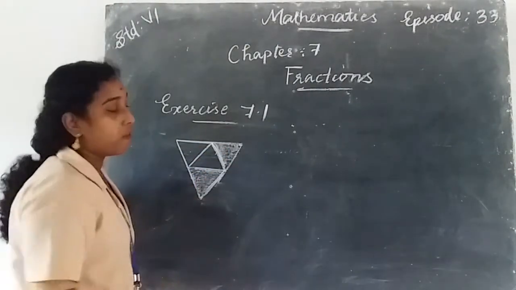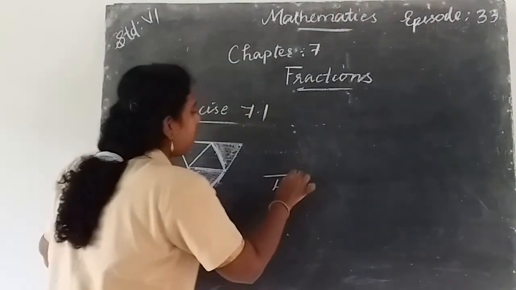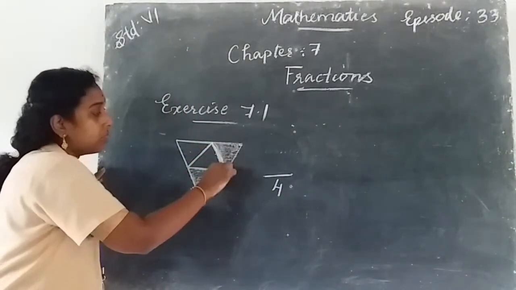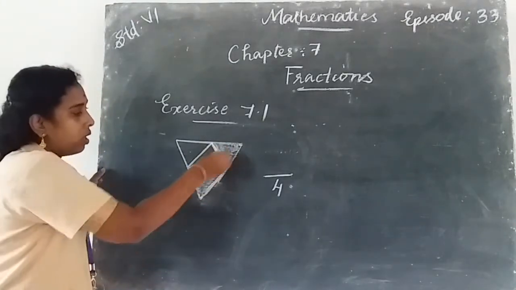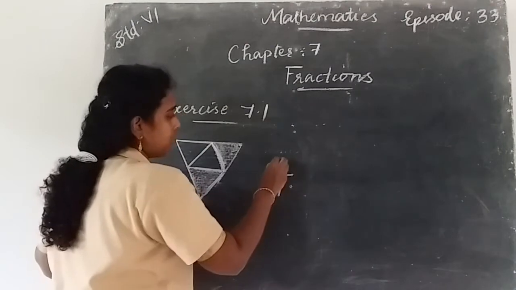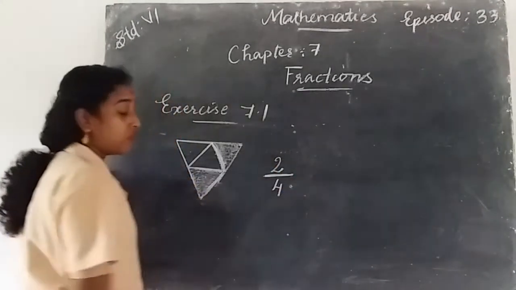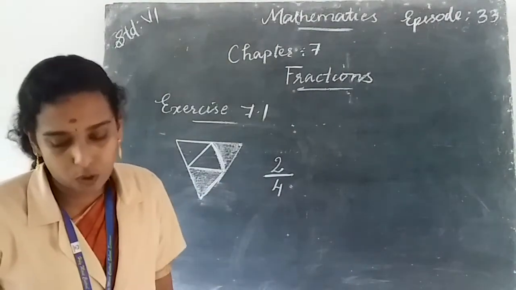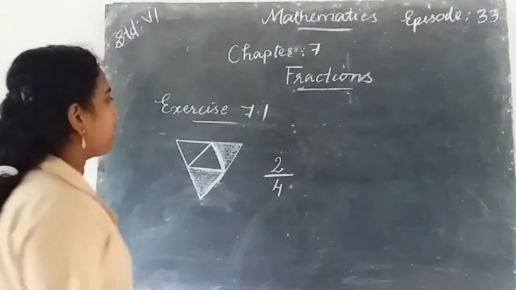So write 4 as the denominator. How many parts are shaded? 1, 2. 2 parts are shaded. So write 2 as the numerator. So the fraction is 2 by 4.